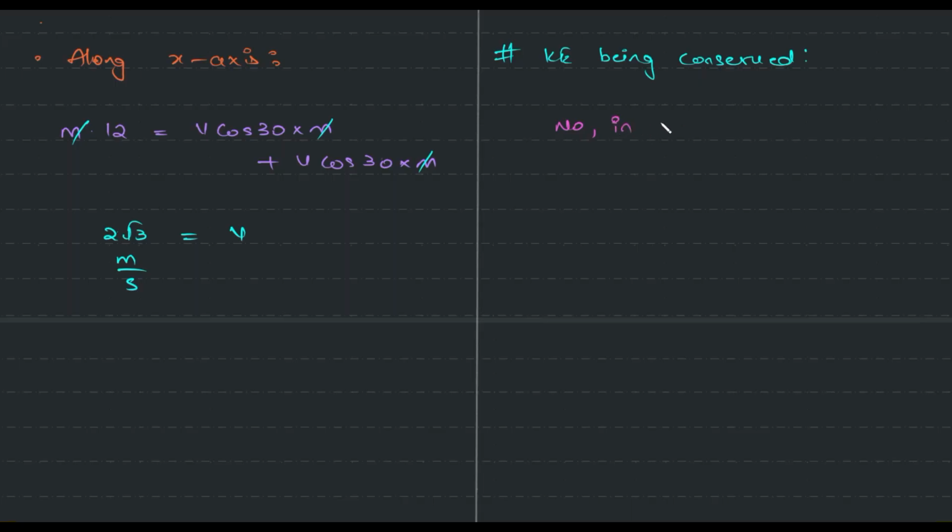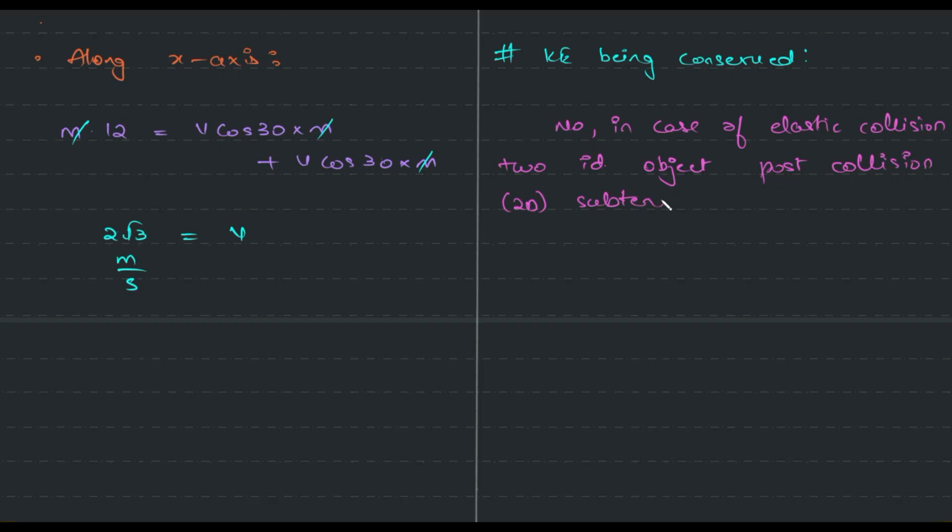We know that in case of an elastic collision, two identical objects post collision, that is in 2 dimensions, move at an angle of 90 degrees to each other.